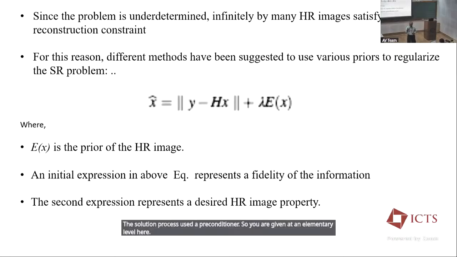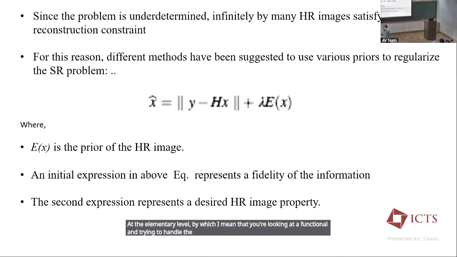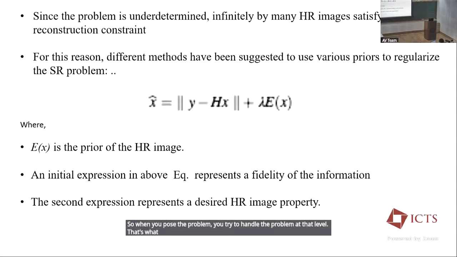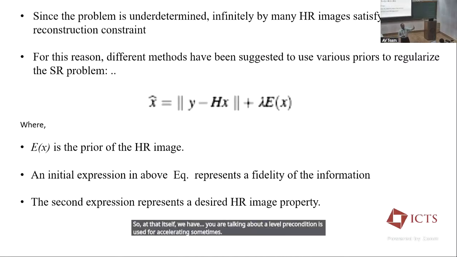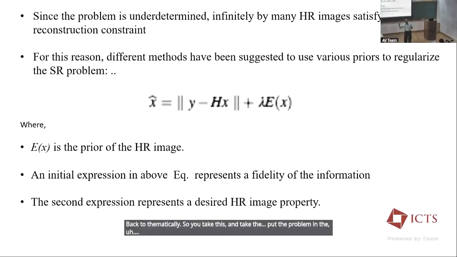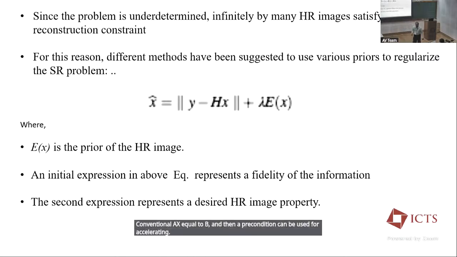At the elementary level, I mean that you are looking at a functional and trying to handle the ill conditioning right at the elementary level. So when you pose the problem, you try to handle the problem at that level. That's what is at a primitive level here. Preconditioning is used for accelerating something. That is the matrix. So you take this and put the problem in the conventional Ax = b form, and then a preconditioner can be used for accelerating, right?